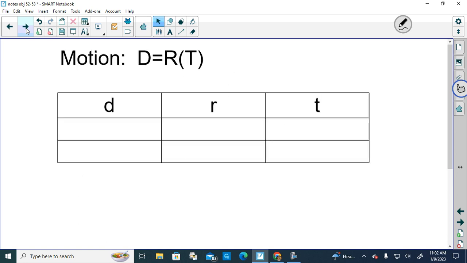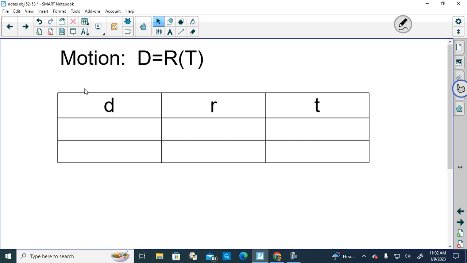So this last section has to do with motion. You don't have to, this is already on your paper. And motion is distance equals rate times time. What do you think that R stands for? Rate. And what does T stand for? Time. So rate and time.